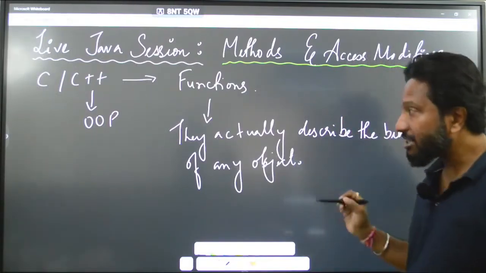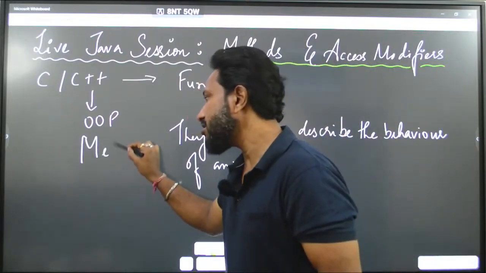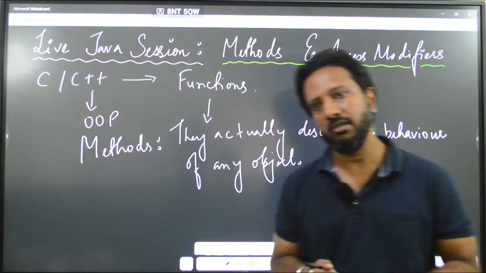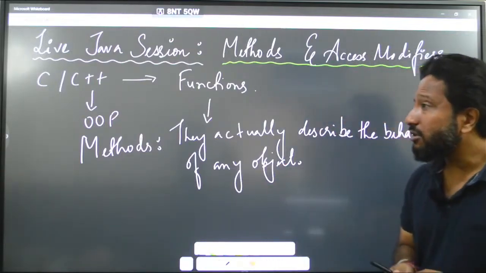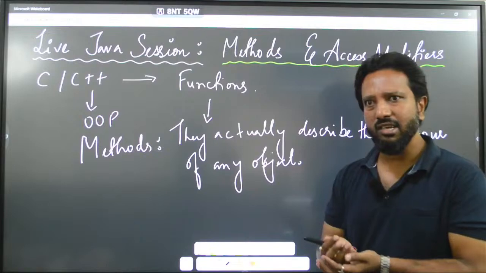That's why they are called methods. In object oriented languages, they are called methods. Fine. So let's start with calling them functions only, then we will go on to that.